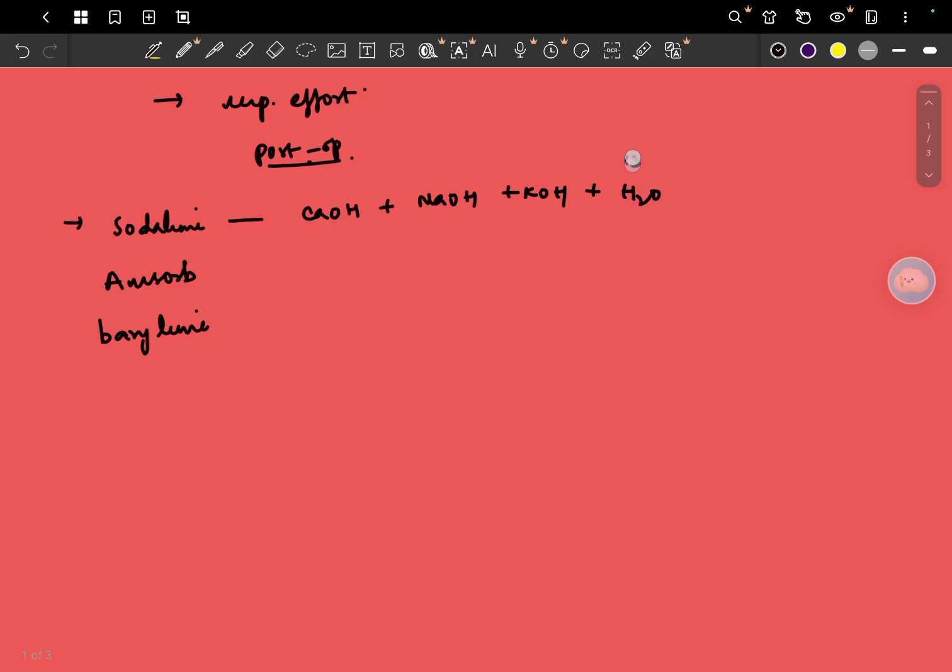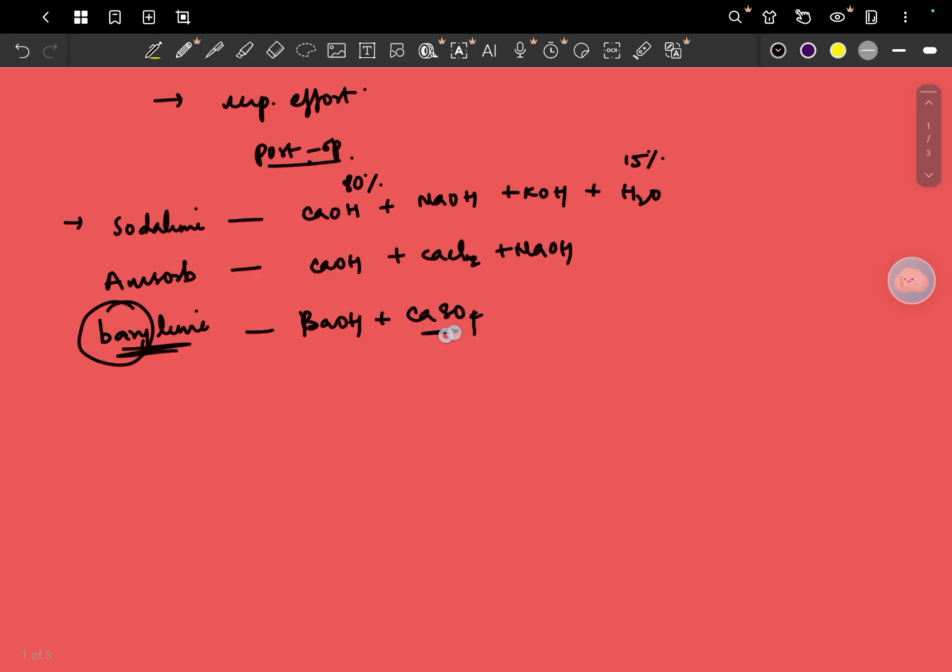So 15% of water, 80% of calcium hydroxide. Then in Amsorb we have calcium hydroxide plus calcium chloride as well and sodium hydroxide. Here, as the name says, we have barium hydroxide and we have calcium sulfate here. So this is baralyme.